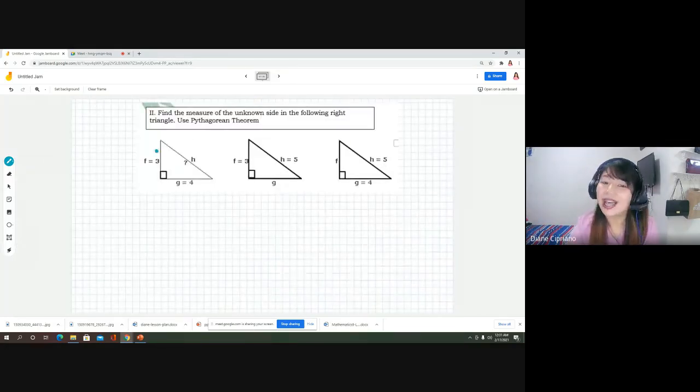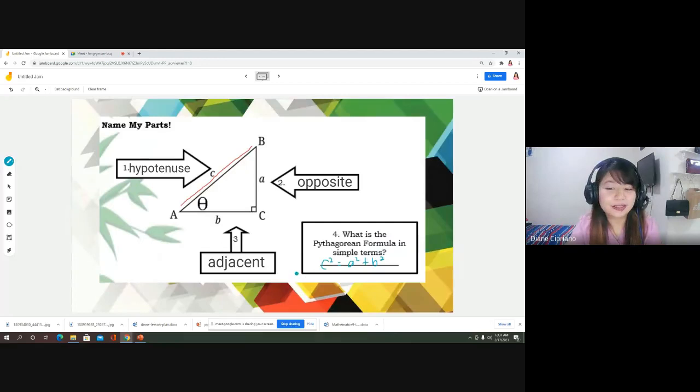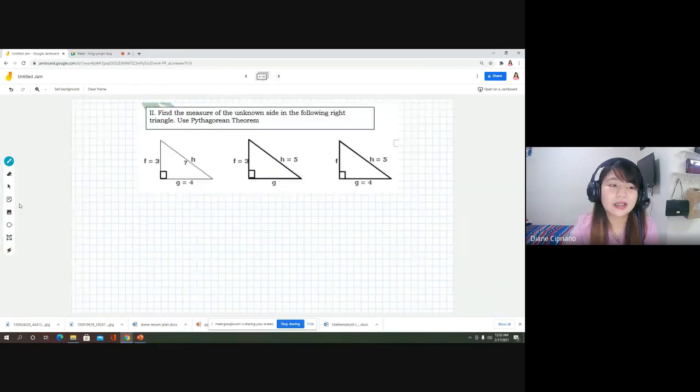We still have another review part here. Given that the Pythagorean theorem formula for finding the sides of a right triangle is c squared is equal to a squared plus b squared. So again, c squared is equal to a squared plus b squared.